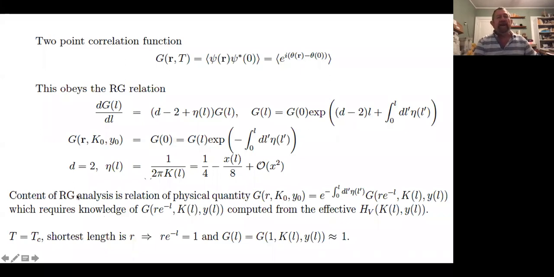And this is the physical correlation function we want to know. So in order to calculate it, we have to know something about the correlation function at scale L. And this correlation function is calculated with the effective Hamiltonian.